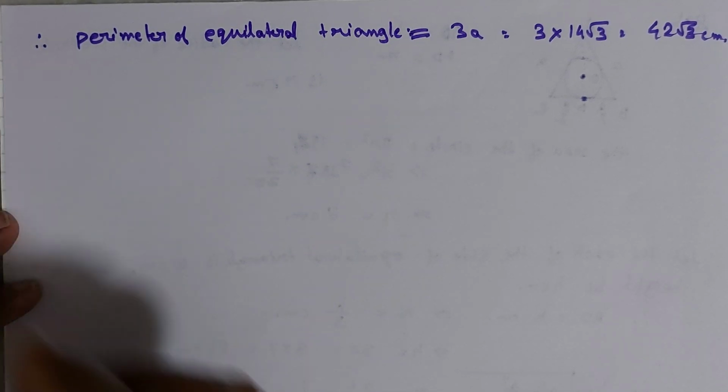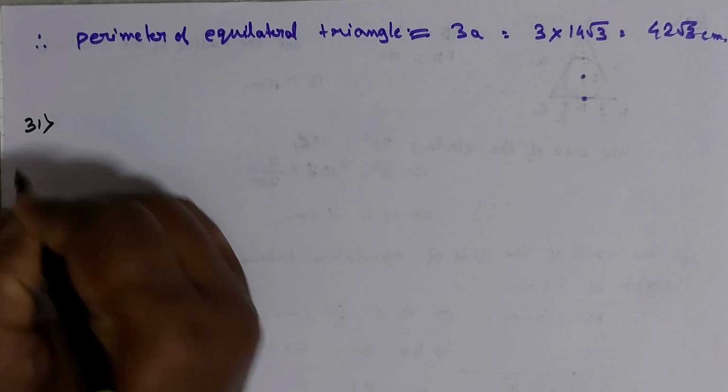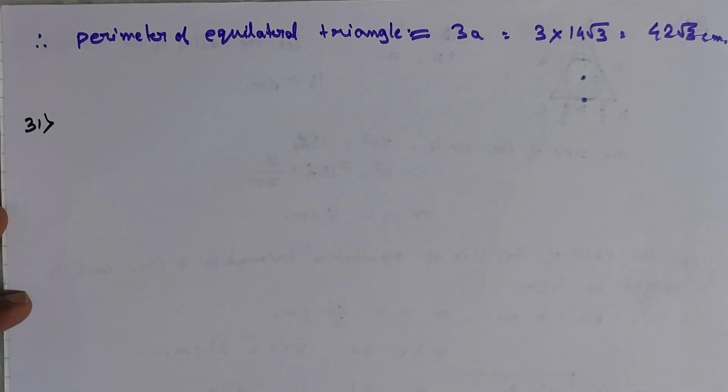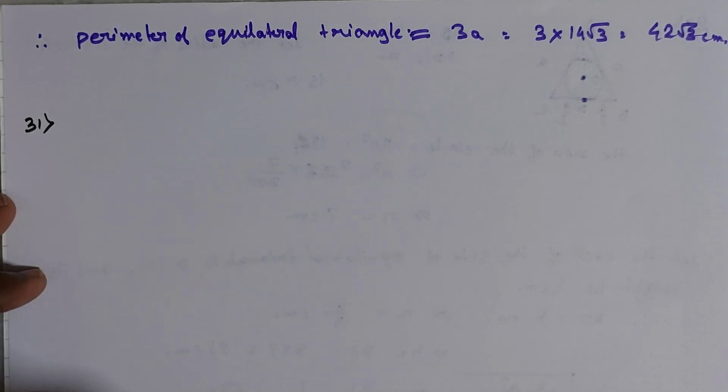Next question is question number 31. Okay. The wheels of the locomotive of a train are 2.1 meter in radius. They make 75 revolutions in 1 minute. Find the speed of the train in kilometer per hour. Okay. So first we will determine the circumference of the wheel.